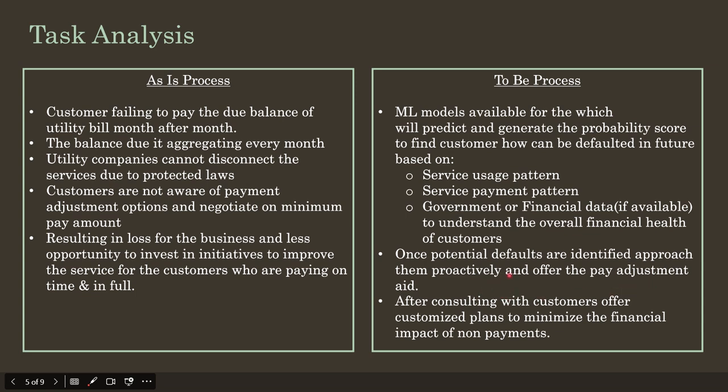And after consulting with the customers, as a business, we can offer a customized plan, things like offering them a prepaid plan or a postpaid plan, so that the company will not have to bear the complete loss, and the customer will also use the services within the limit of the balances which they are having, the usual prepaid cycle, the way it works.